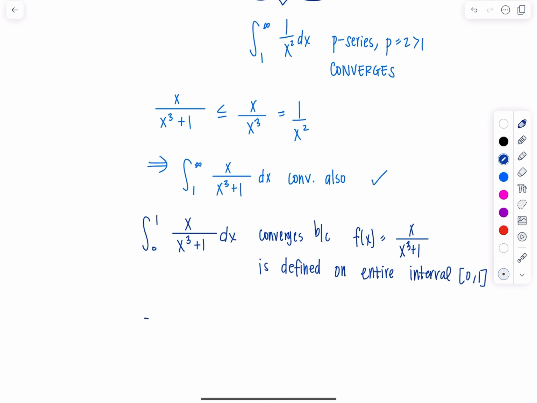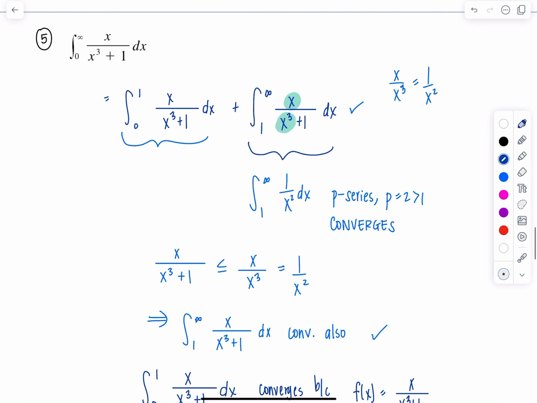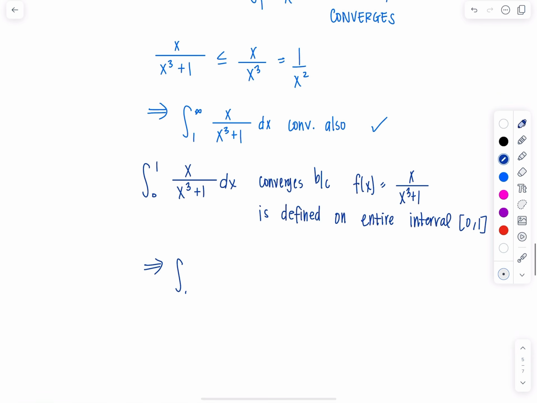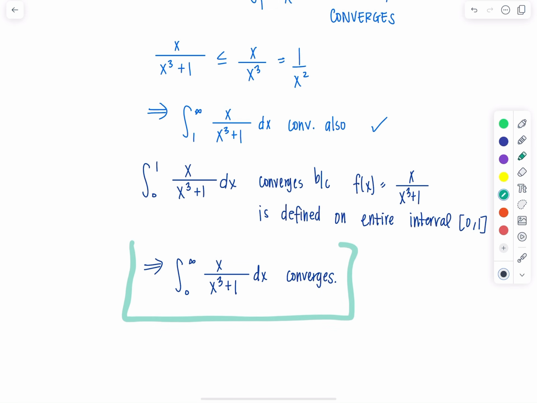Therefore, overall, we have the sum of, this is convergent, that is convergent. So I know that my original integral from 0 to infinity of x over x cubed plus 1 dx is convergent. Or converges, whatever. Okay? Good. If something's not an improper integral, it will be convergent. You took that for granted prior.